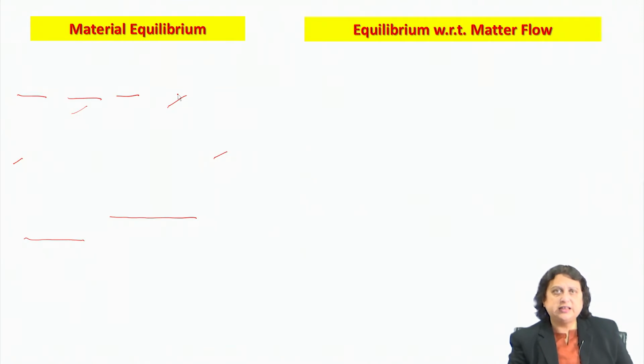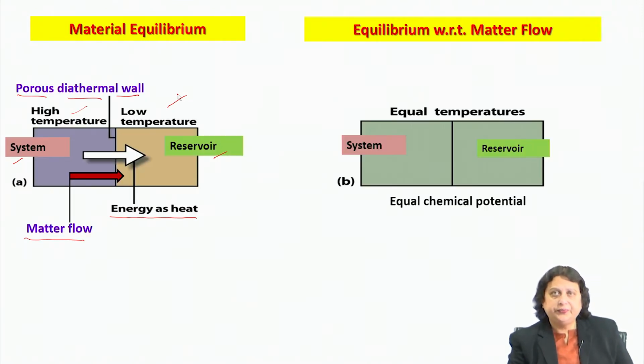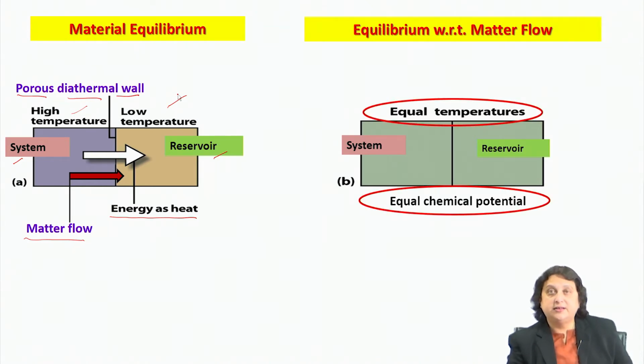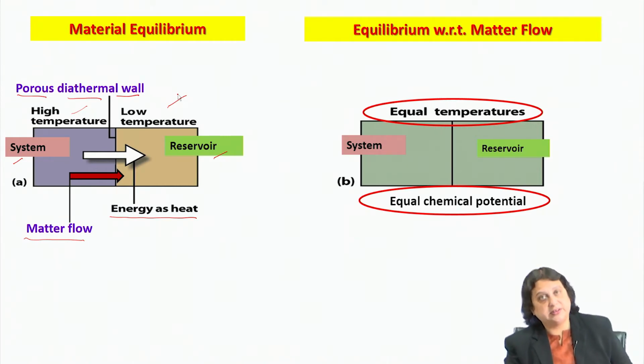So what I will say is, well, the equilibrium with respect to matter flow will be established when, first of all, there is equal temperature between the system and the reservoir, and there is equal chemical potential between the system and the reservoir.